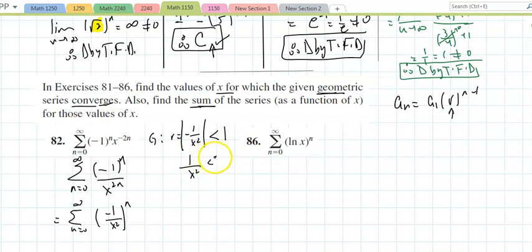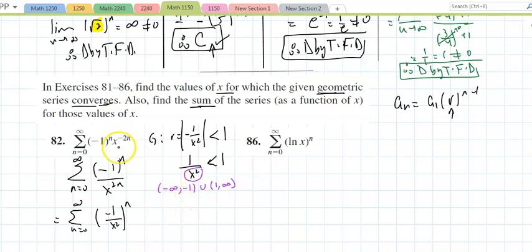That's always positive, isn't it? Less than 1. So that will converge. This will be less than 1 as long as that's bigger than 1. So as long as x is between negative infinity and negative 1, not included, or x is between 1 and infinity, this will converge.